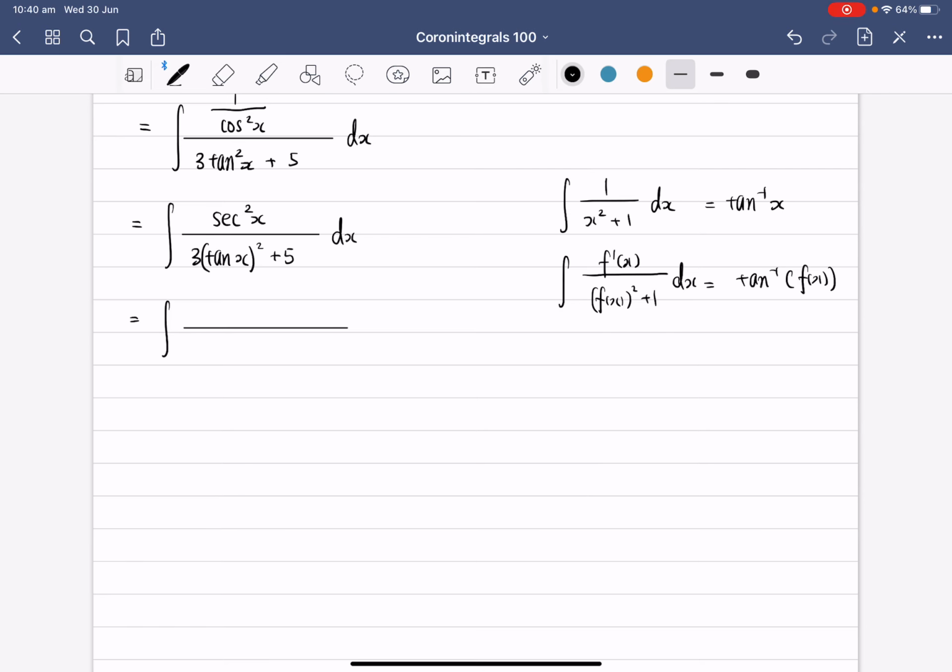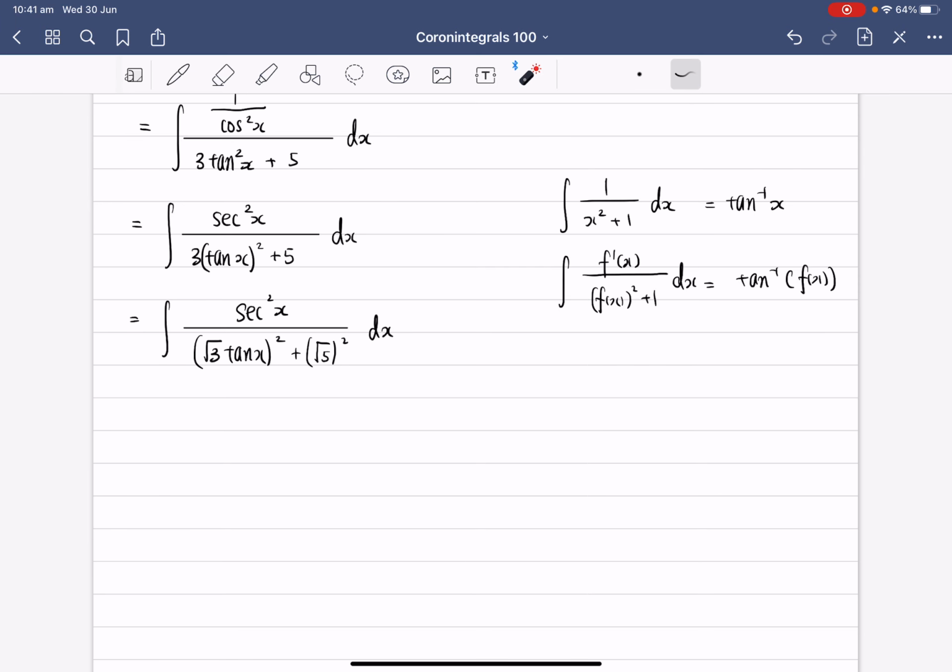Instead of writing a 3 outside, as you can see there's a 3 here, I would like to put a 3 inside this bracket. So that gives you square root of 3 tangent x, entire bracket to the power of 2. Once you finish that, I also want to write down plus square root of 5 squared, because that is part of the formula we're going to use later. And then the numerator is sec square x and dx.